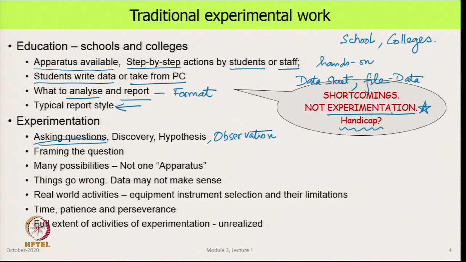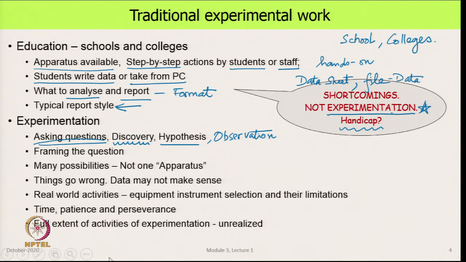We observe what is around us, ask questions, frame them as a hypothesis, and look for the answer. In all of this we do not know the answer. There is a doubt, and that is why we do an experiment. So, there is an element of discovery in the very process of experimentation.